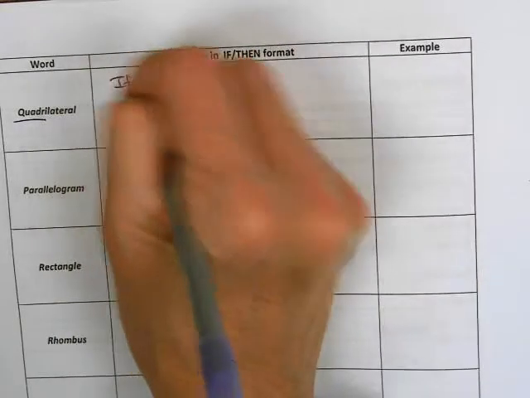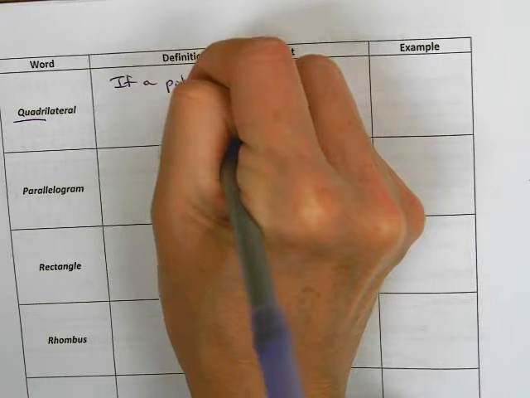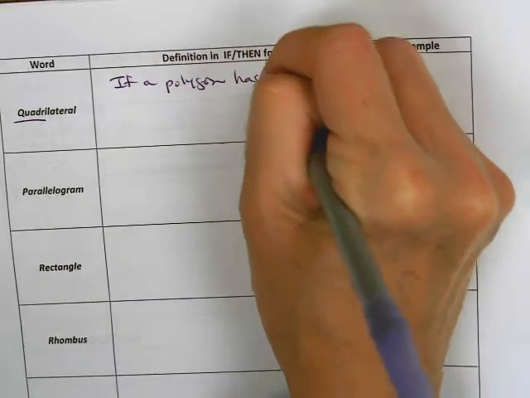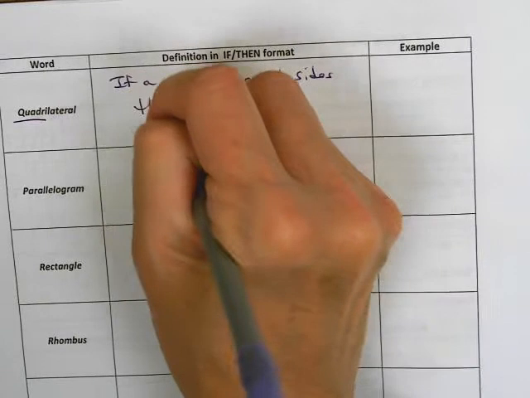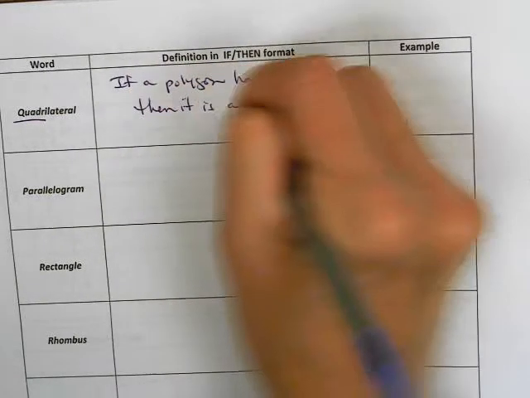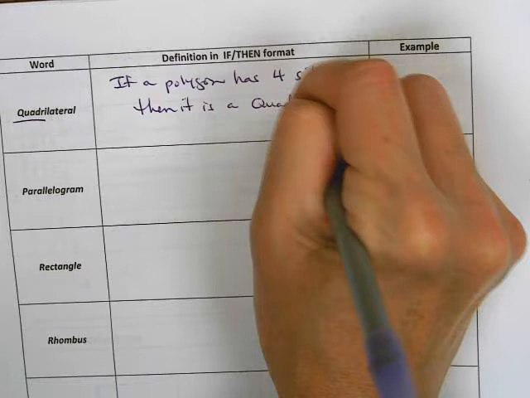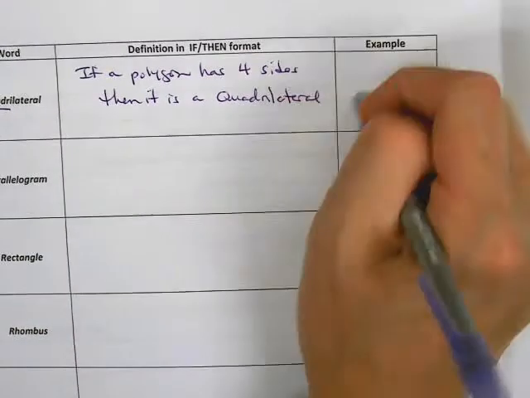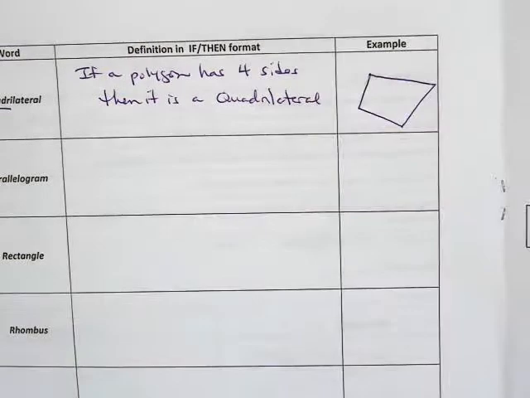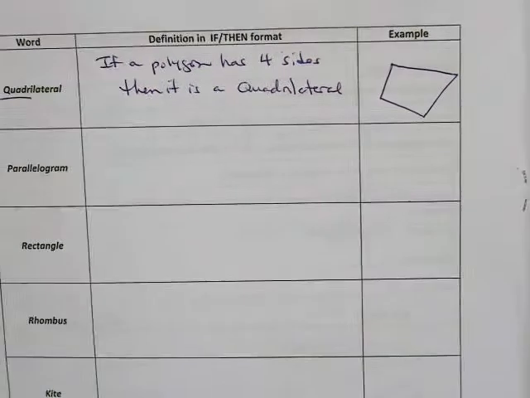So we're going to say if a polygon has 4 sides, then it is a quadrilateral. So it is still a fairly generic term. You could draw any 4-sided figure, and that is a quadrilateral.